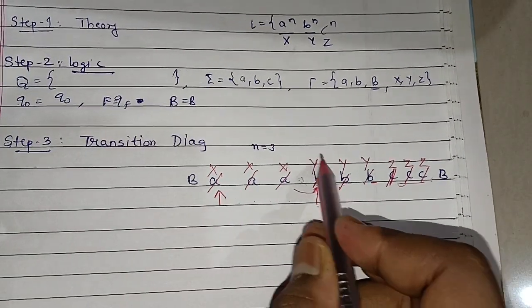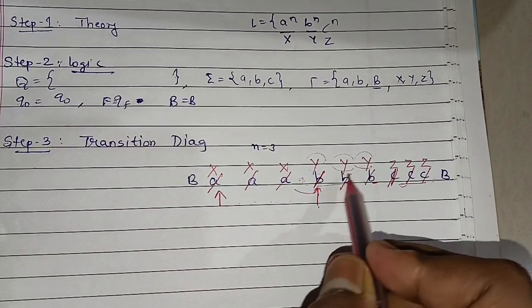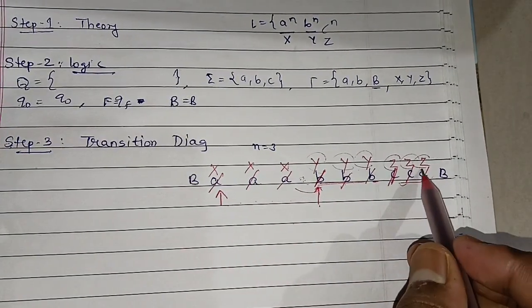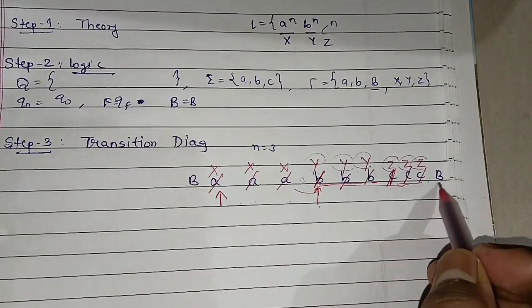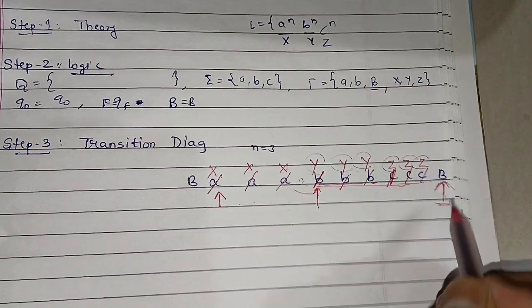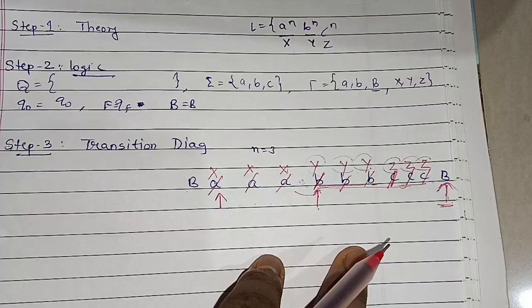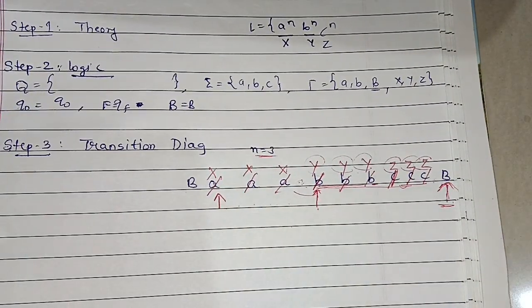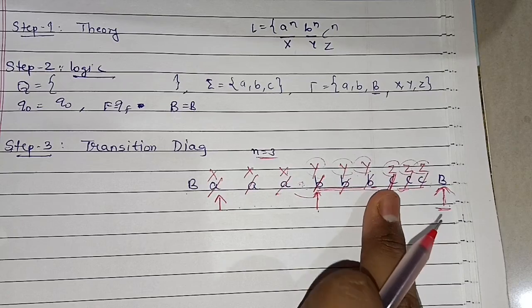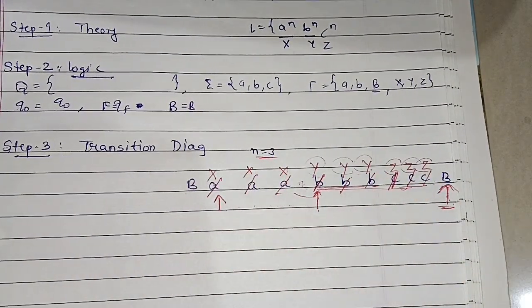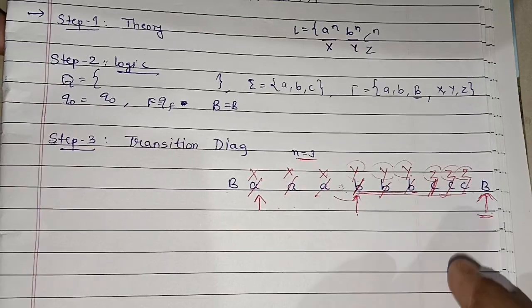So it will bypass all the y's and it will bypass the z's. After all this bypassing, if it gets the blank symbol B, it will say yes, we have traversed the string and it is acceptable: 3 a's, 3 b's and 3 c's for n equals 3. If there is any b or c, it will not bypass that and it will reject. It will not accept that.